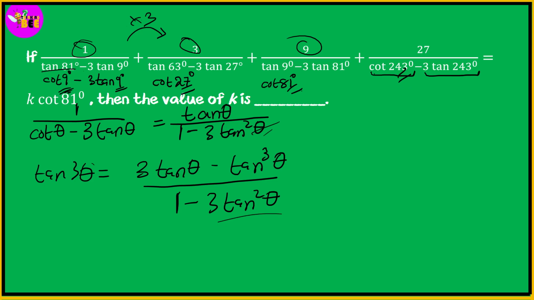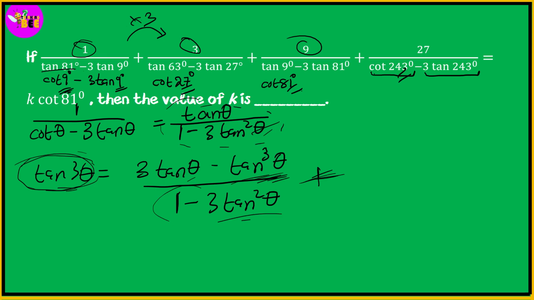So, we need to find an expression from tan 3 theta where we will get tan theta by 1 minus 3 tan square theta. For this, we need to remove the minus tan cube theta part. That means we would have to add tan cube theta, but adding tan cube theta would mean by taking LCM it would get multiplied to higher powers.